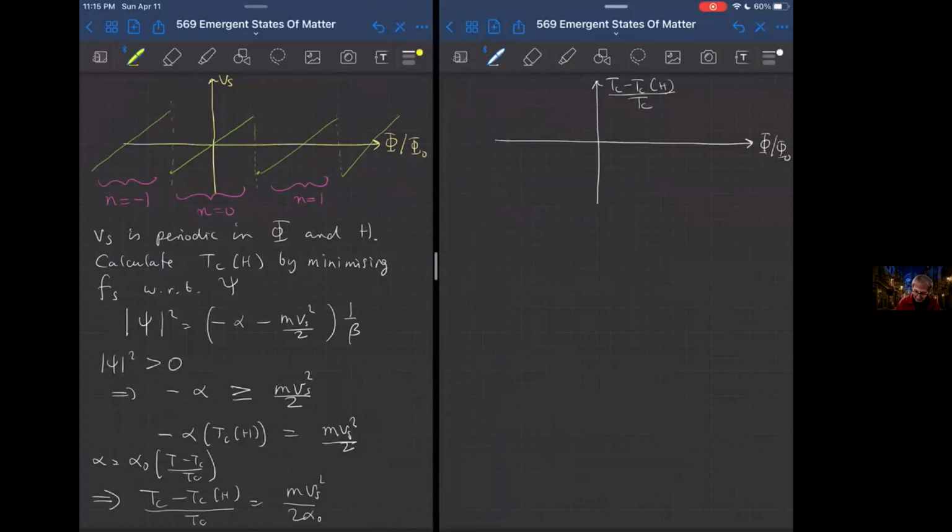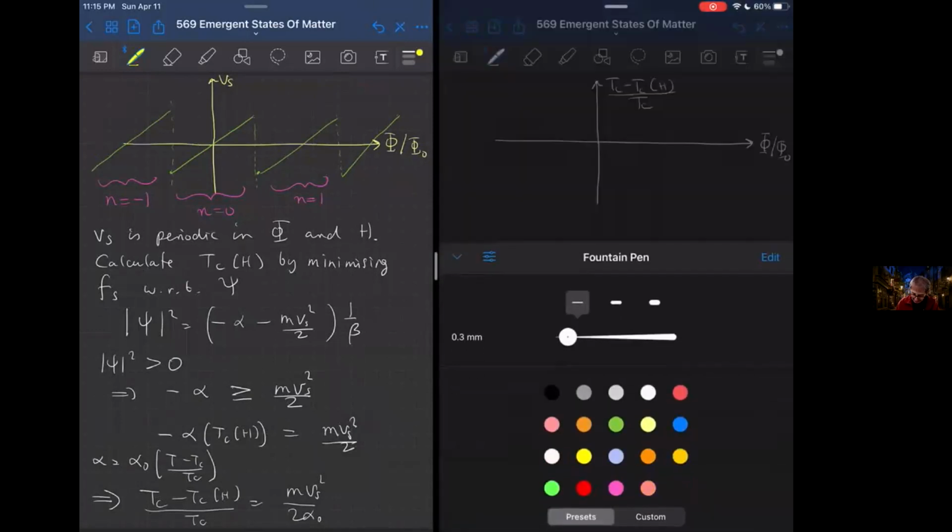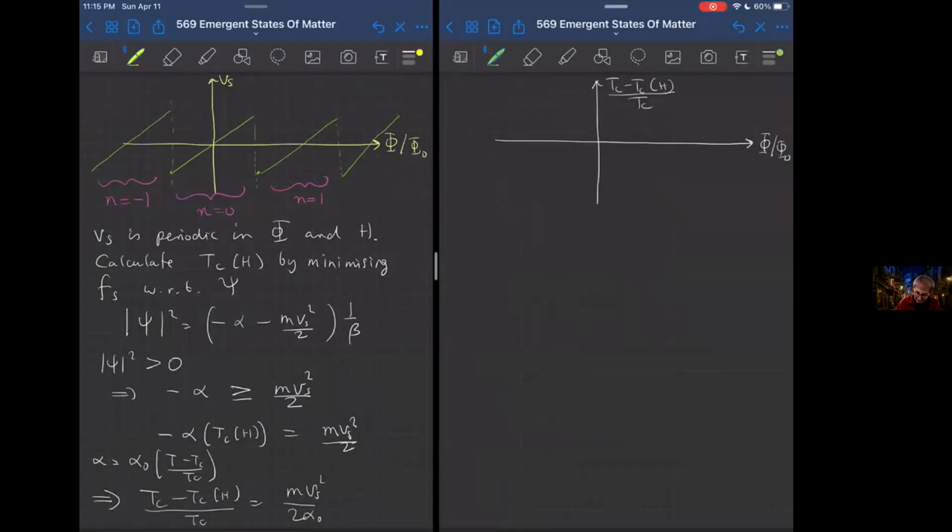And because that goes as Vs squared and Vs is linear, what this is going to look like is a series of parabolas like this. And so this is n equal to 0, this is n equal to 1, this is n equal to minus 1, and so on and so forth.